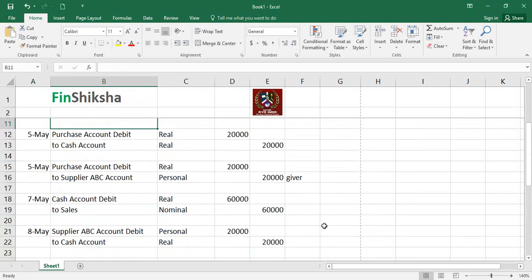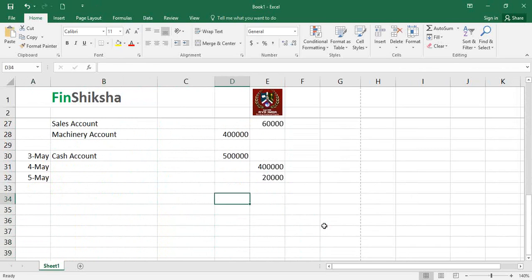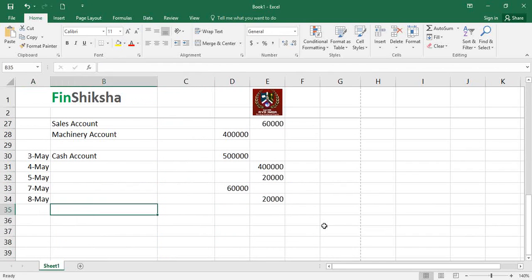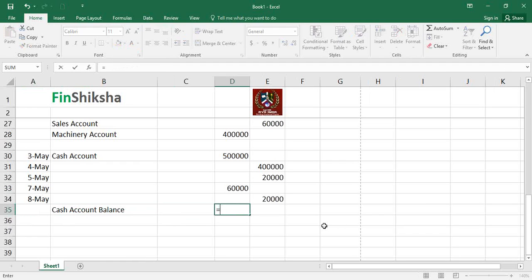And then we go further and find cash account debited for 60,000 here. That's on 7th May when you sold something worth 60,000. And on 8th May, it was again credited for 20,000 which you paid to the supplier. So cash account balance is going to be equal to the sum of all the debits minus the sum of all the credits.